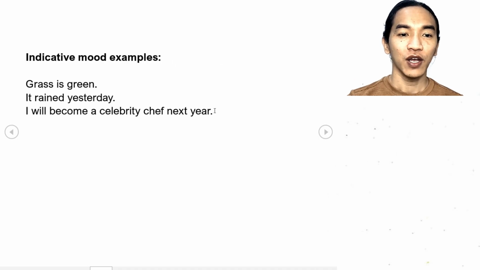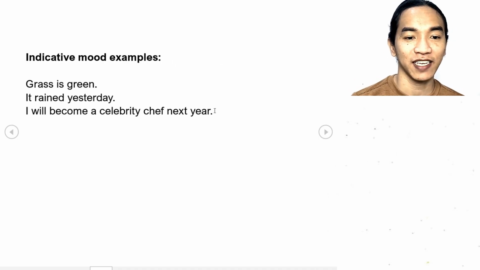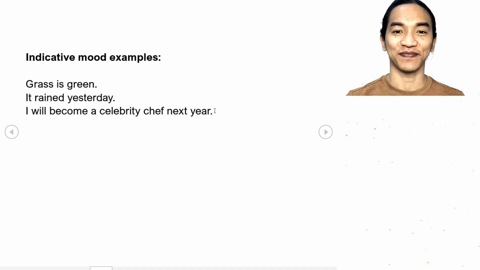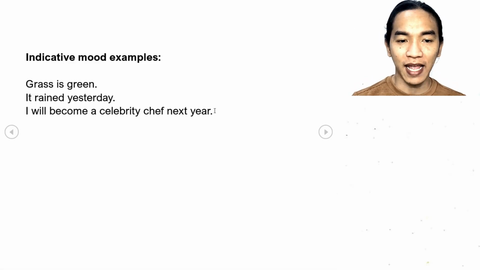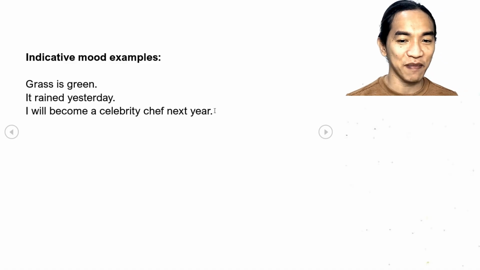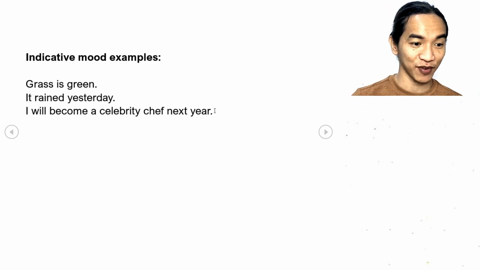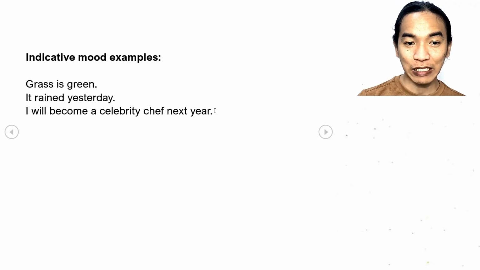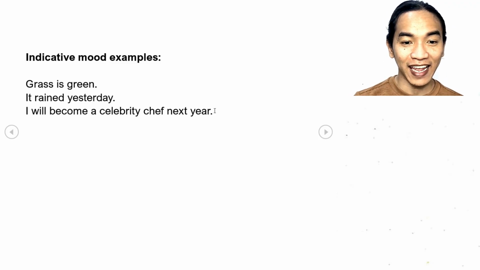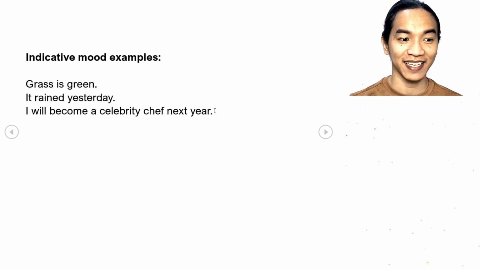Okay? Now, some examples that we have here: grass is green. It rained yesterday. I will become a celebrity chef next year. Okay? So, as you can see, these are just normal sentences using different tenses indicating facts or opinions. All right?